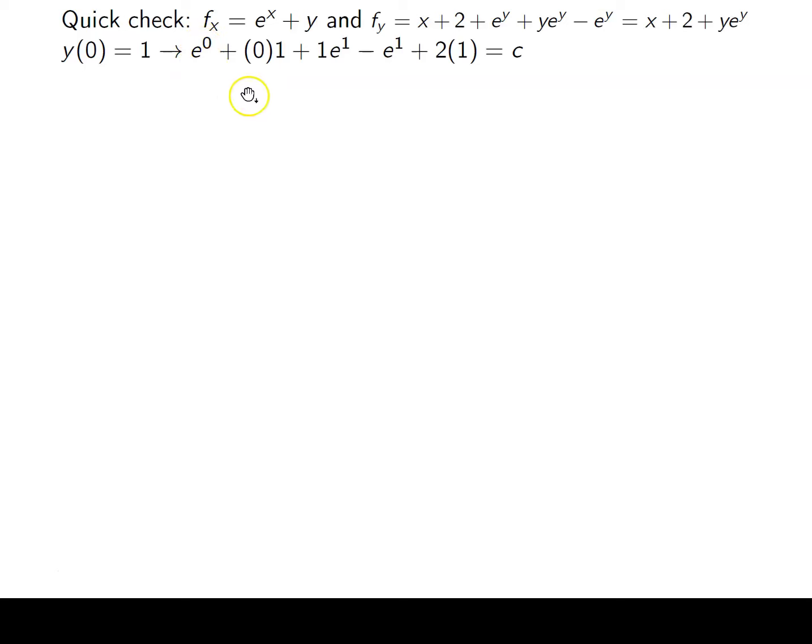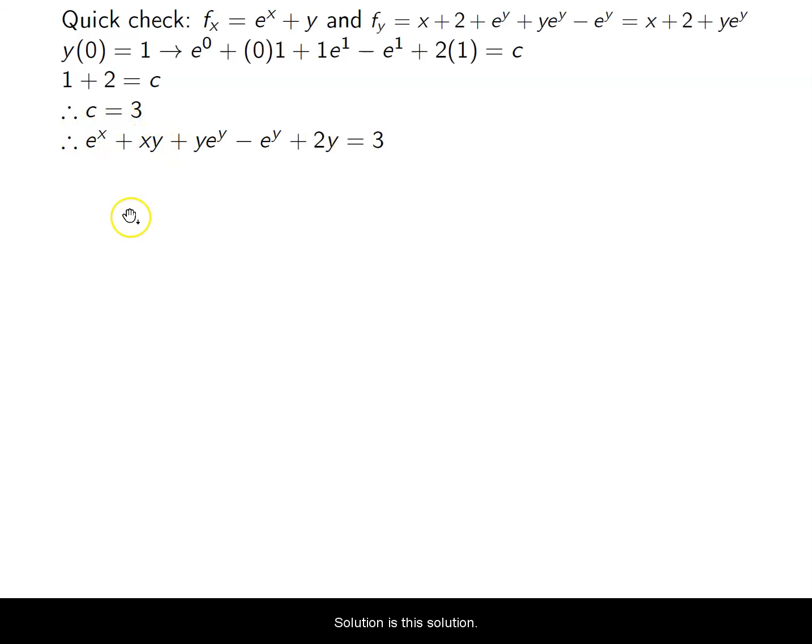E to the x is 0. X times y is 0 times 1. Y e to the y is 1 times e to the 1. So here, all of that is going to be equal to that constant that I have. So I'm going to be left with 1, 0. This is going to disappear, and I'm going to get 2. So 1 plus 2 is c, or c is equal to 3, right? So therefore, my exact solution is this solution equaling 3, okay?